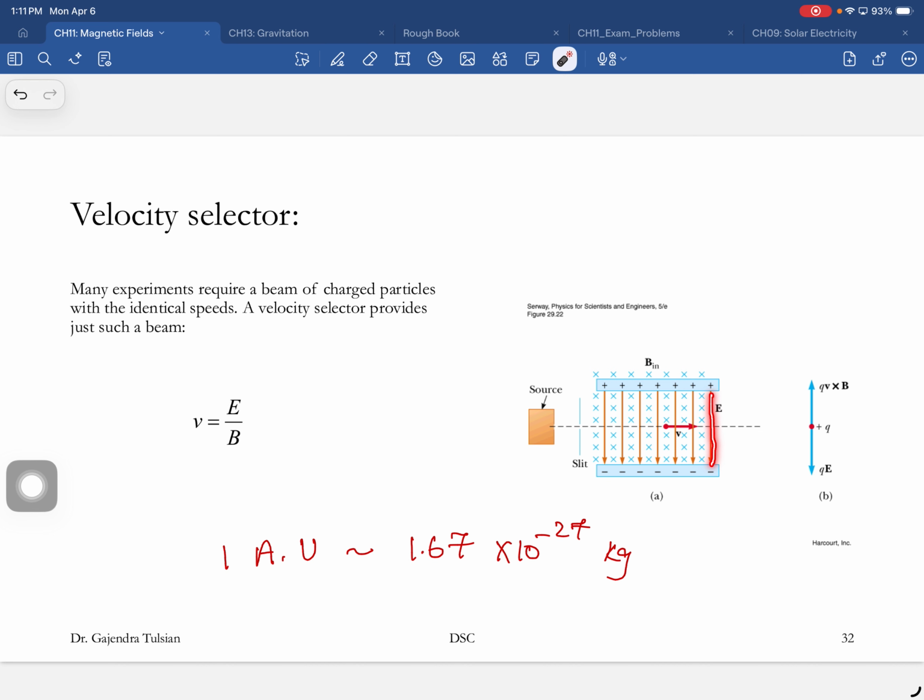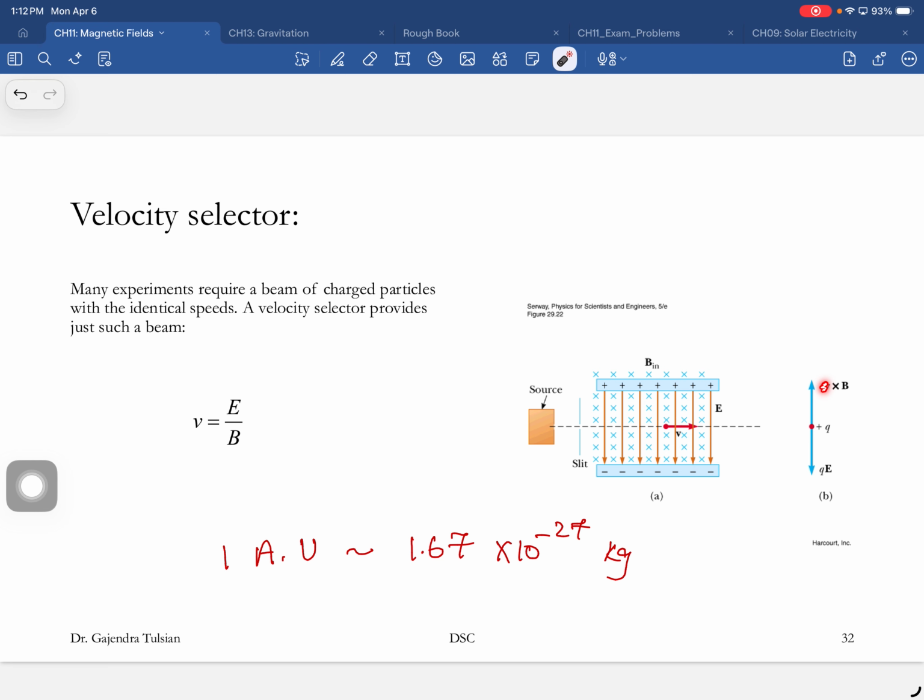You have an electric field in this direction and a magnetic field in that direction. So, perpendicular electric and magnetic fields. The magnetic field is into the sheet, here's the electric field, and here's a charged particle, and let's say it's a positive particle. The magnetic force is in that direction, and the electric force is in this direction.